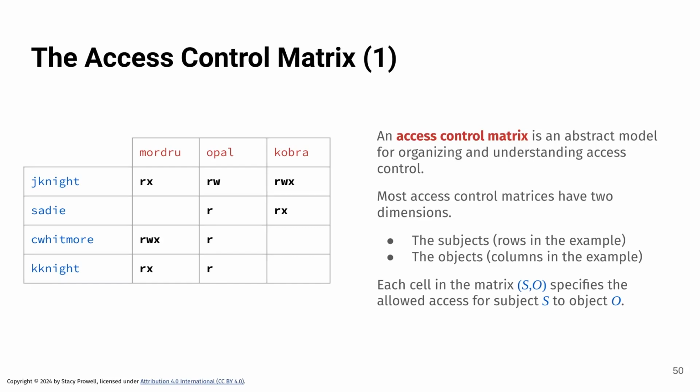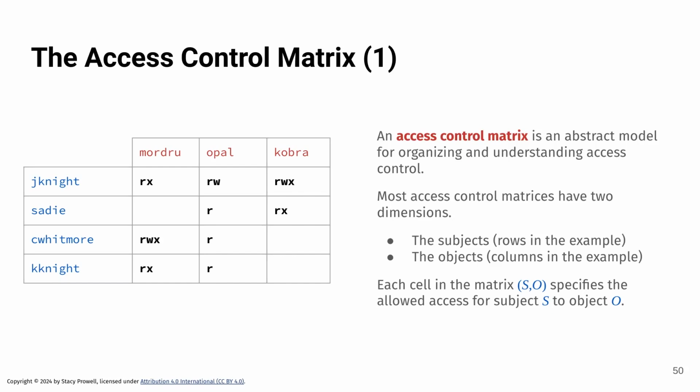And over here you see subjects are rows. So JKnight is that first row. And the objects are columns. So you can see Mordu is that first column. And that's some object in the system. So JKnight's a user. Mordu is let's say a file. What permissions does JKnight have with respect to Mordu?